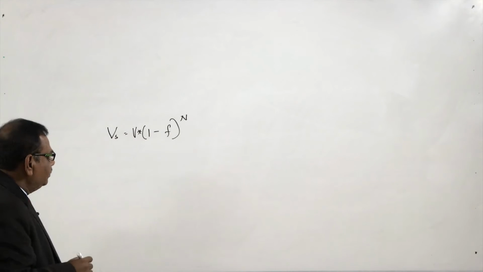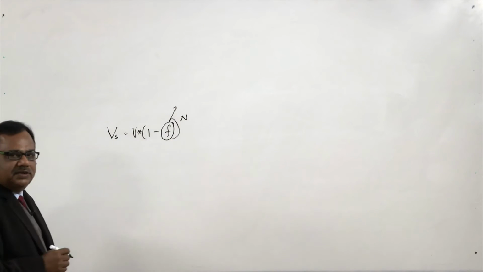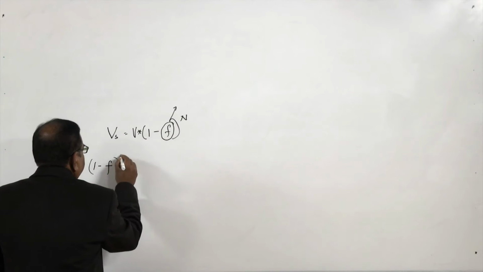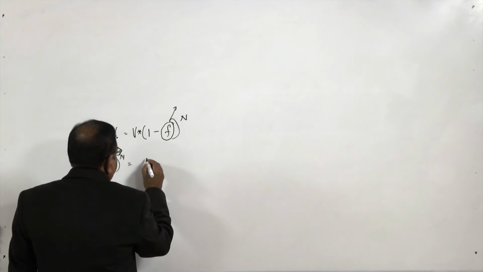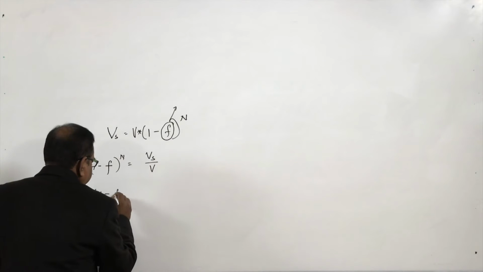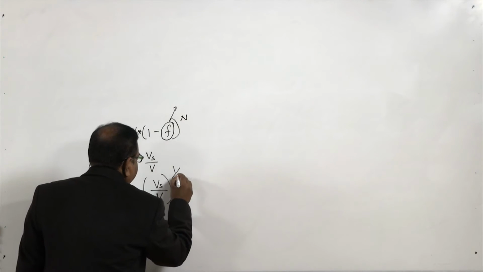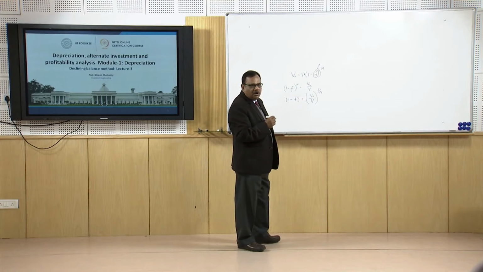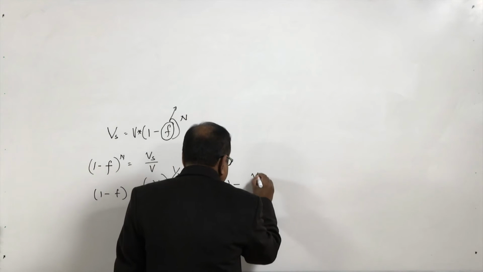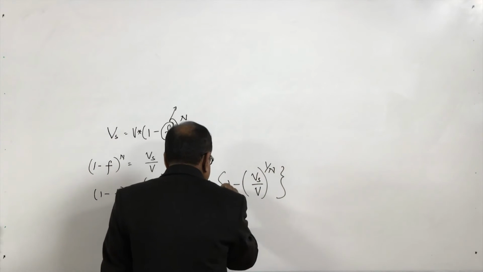Now, if this fixed factor F is unknown, we can find it from this equation. (1 minus F) to the power n is equal to Vs by V, or 1 minus F is equal to (Vs by V) to the power 1 by n, or F is equal to 1 minus (Vs by V) to the power 1 by n.